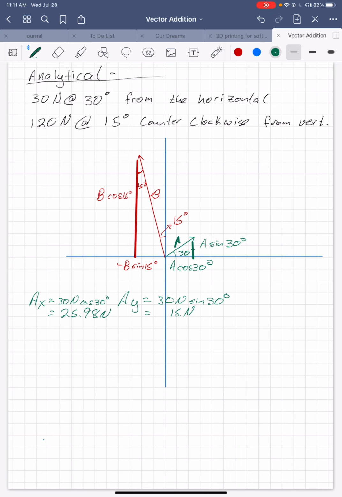So I should really put a 0.0 here because I always want to have at least one more significant digit than I've given. And now I can look at B, right?